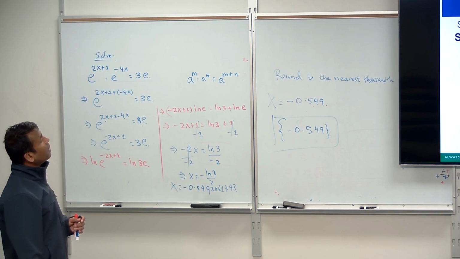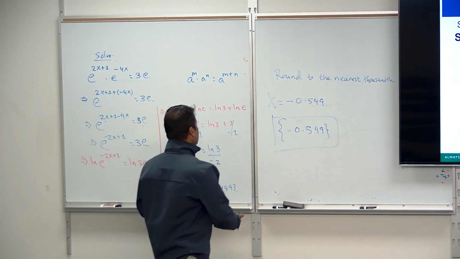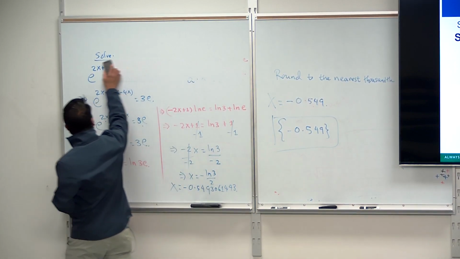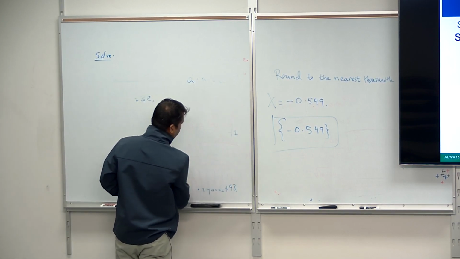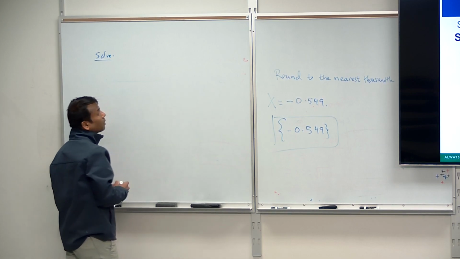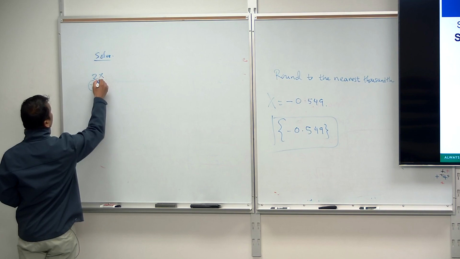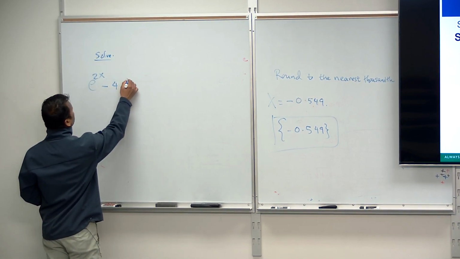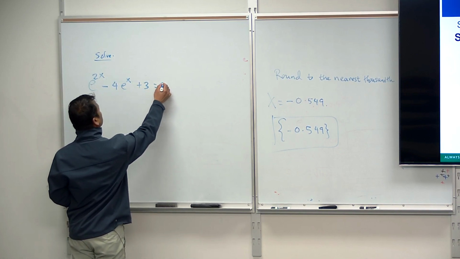So now similarly, for this one, look here. You have e to the power 2x minus 4 times e to the power x plus 3 equal to 0.